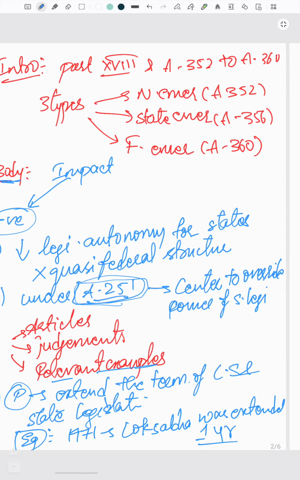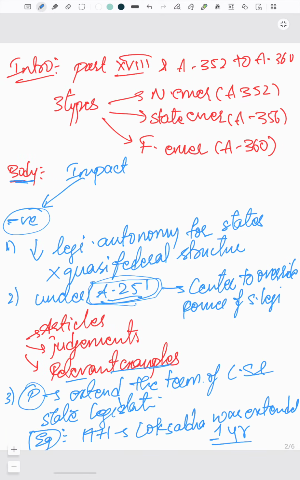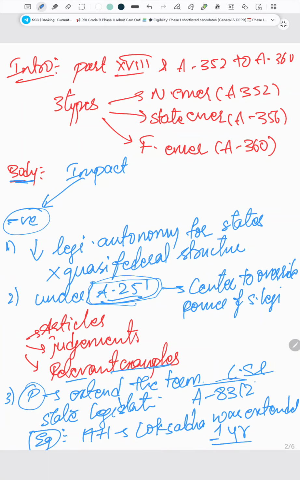After that, you can also write an article here. In Lok Sabha, under Article 82 subclause 3, sorry, subclause 2, it is not 3, so Article 83 subclause 2.